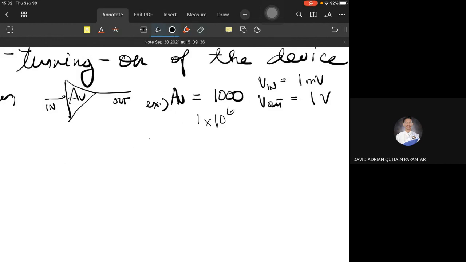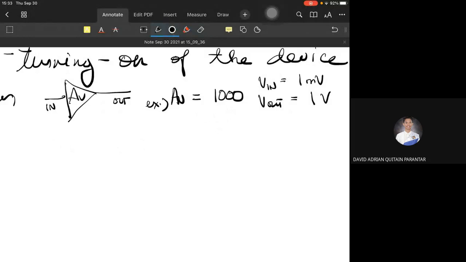But if the input is 1 volt, the output is 1 million volts. That's not realistic. There's no such thing as an amplifier that works like that.